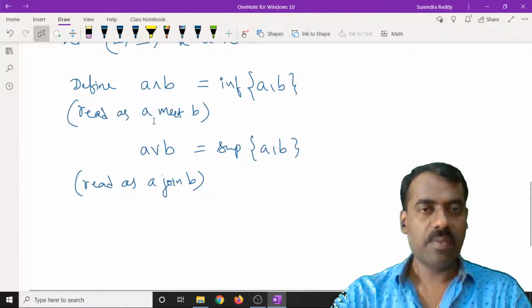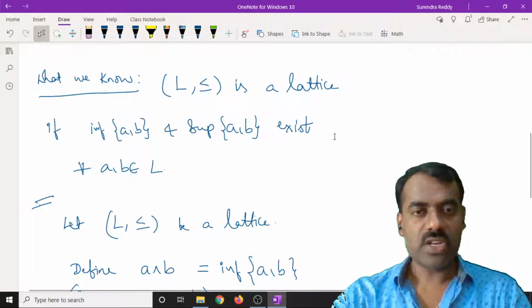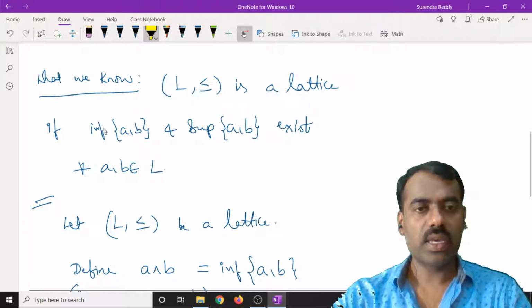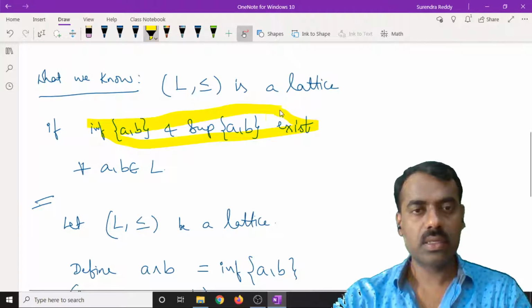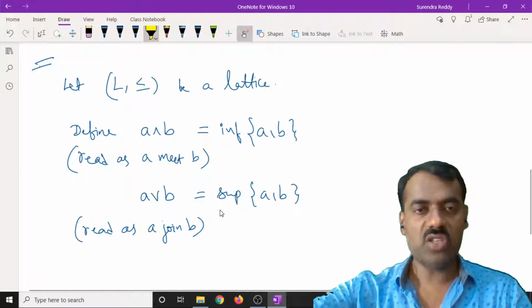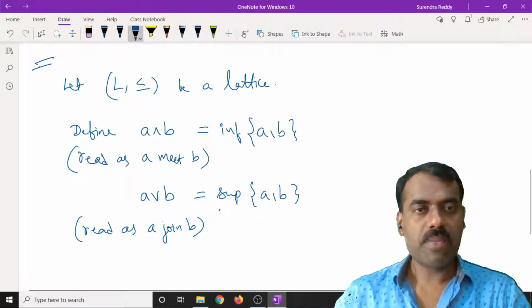Why is it so? Because it is a lattice, we know that this supremum and infimum exist. So because of this, A meet B and A join B actually become binary operations.